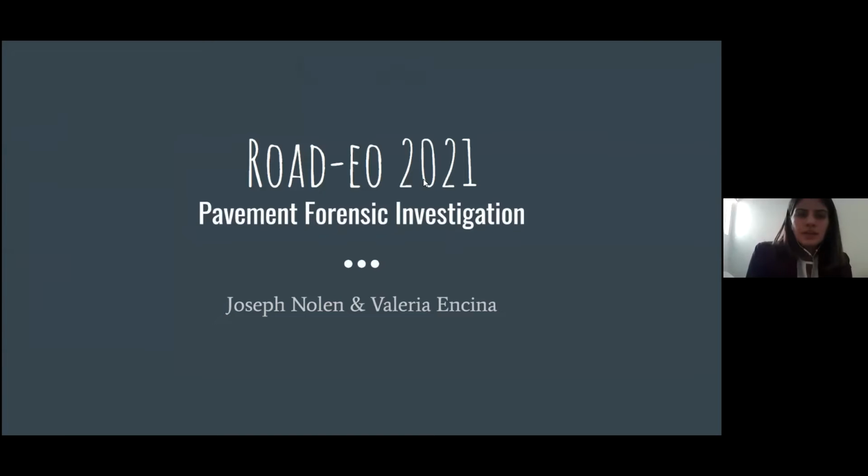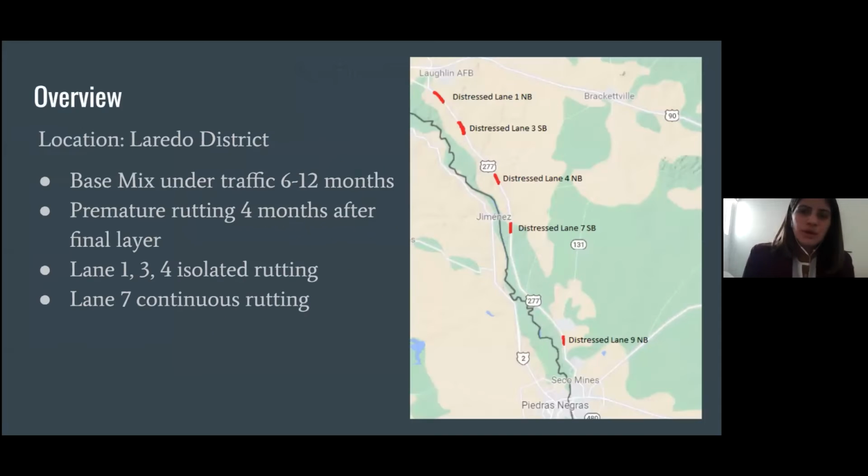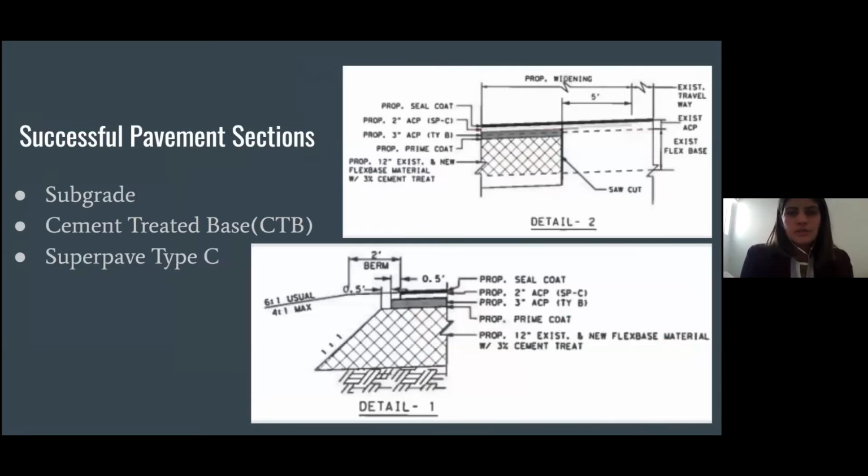We're here to present our case on the Road-eo 2021 pavement forensic investigation. We were given 4 lanes and their following test investigations. We know that there were successful pavement sections such as the subgrade, cement treatment base, and the Superpave Type C. The subgrade passed the average back calculated modulus test.